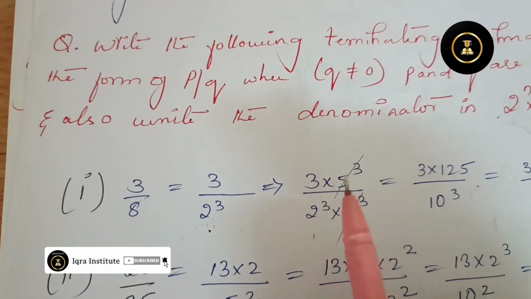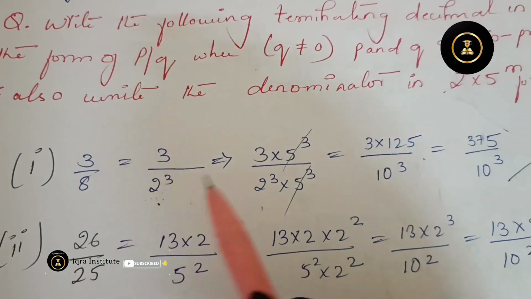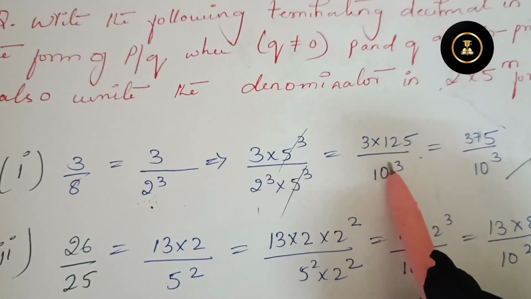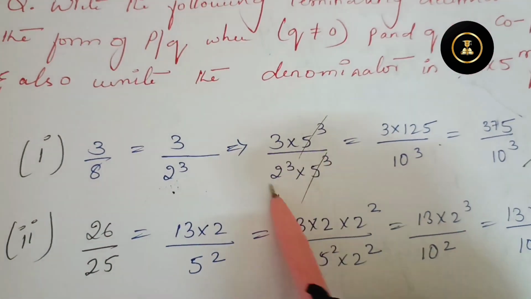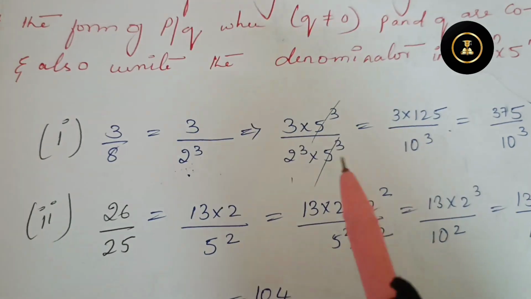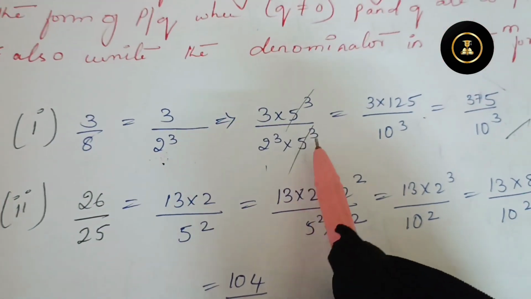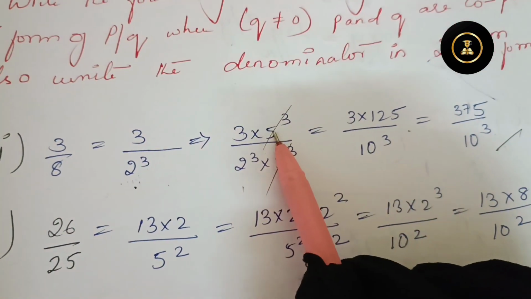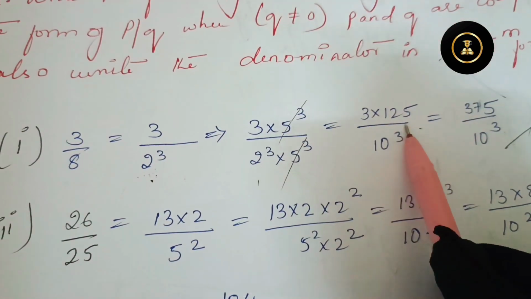If we cancel also, it will remain the same. So that's why I multiplied this in both the numerator and the denominator. I hope you understood. So why we are doing this: in the theorem, they said that it should be in the form 2 power n into 5 power m. So that's why we did like that. So here 3 into 5 cube is nothing but 5 5s are 25, 25 5s are 125.